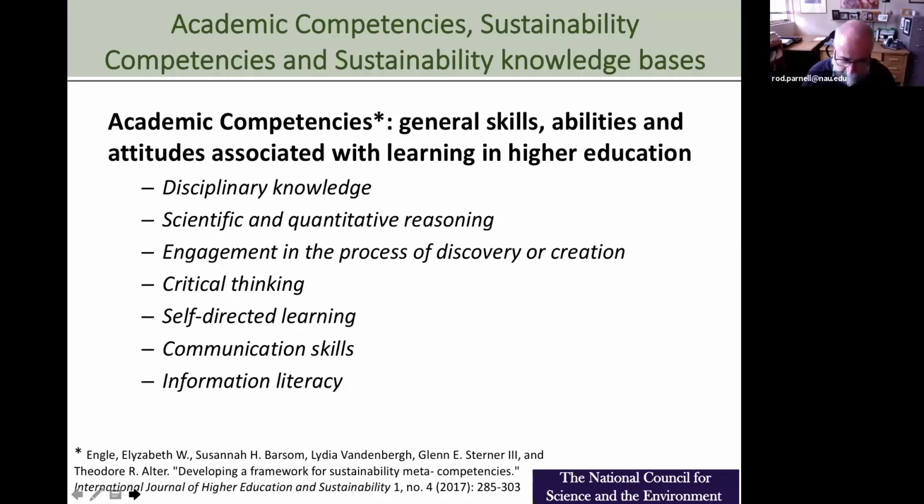Thanks, Peter. What I want to do now is take Peter's overview of competencies and start working down from the general to the more specific, starting with what we can think of as academic competencies at the largest scale in K through 16 education. The idea of what it is that we expect of our students in terms of not just knowledge, but also skills and abilities.